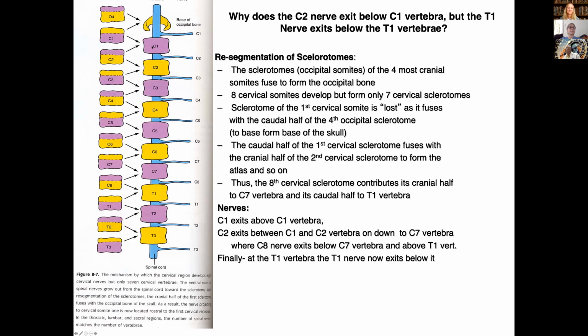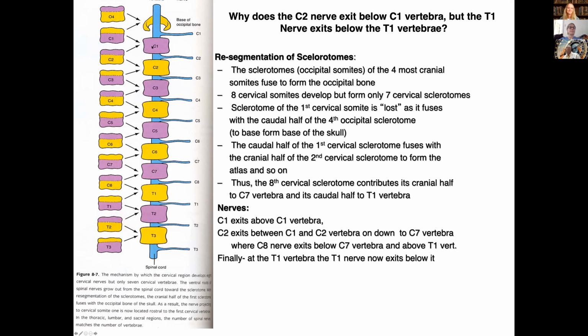And it's because this re-segmentation process has occurred. All right, we call this re-segmentation. And so basically, the upper part of cervical 1 sclerotome migrated up and helped to form the base of the cranium.